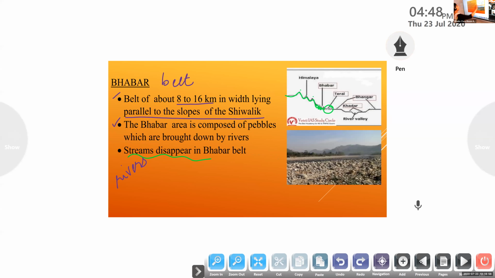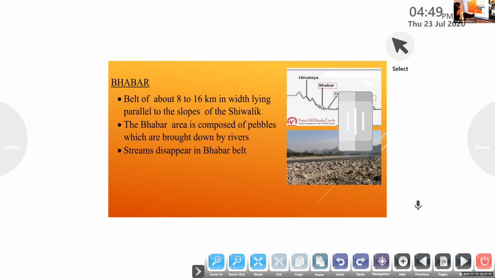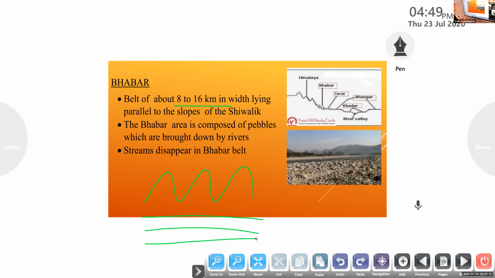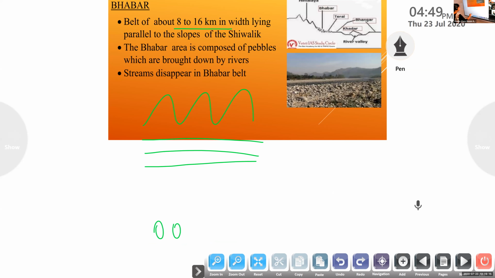First, we learn about Babar belt. Its area is 8 to 16 kilometers. It's just parallel to the Shivalik mountains, full of pebbles.